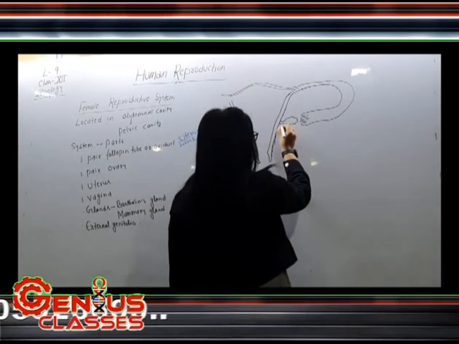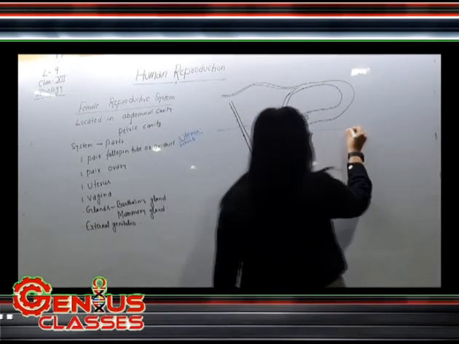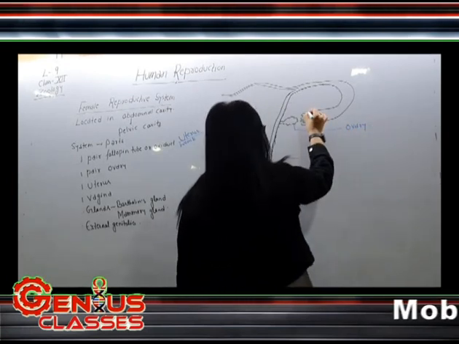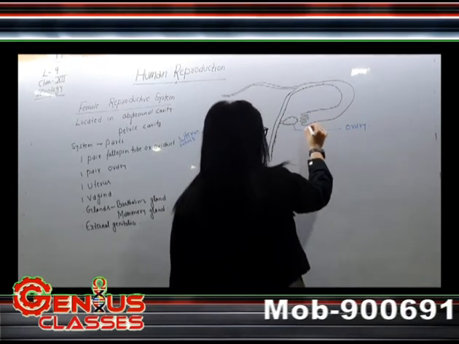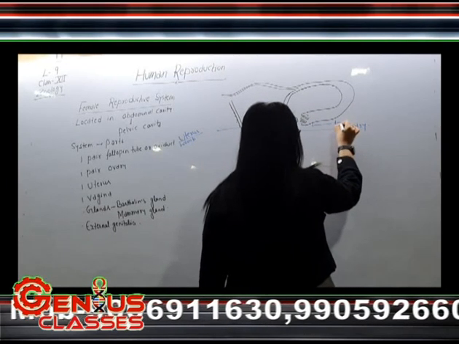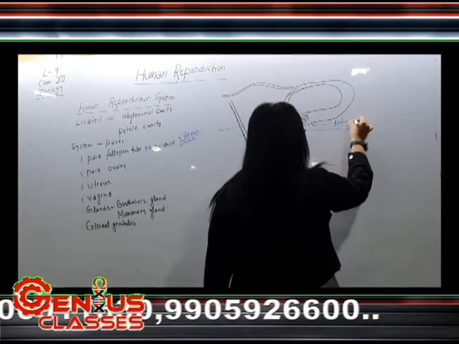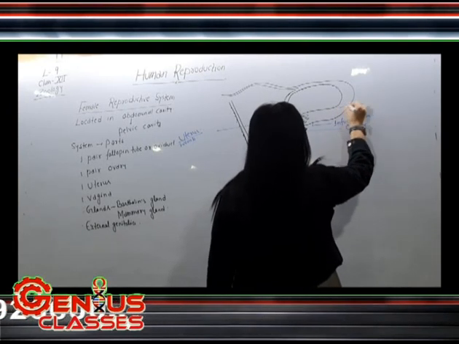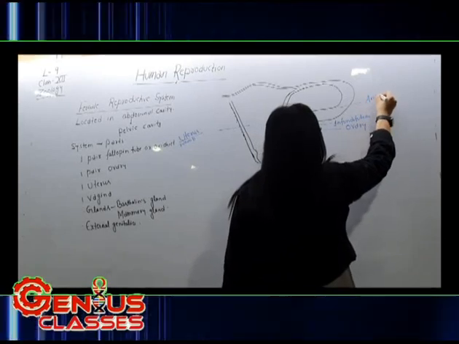This is the ovary, and this part is called the fallopian tube. This part is the infundibulum. This part is the ampulla.